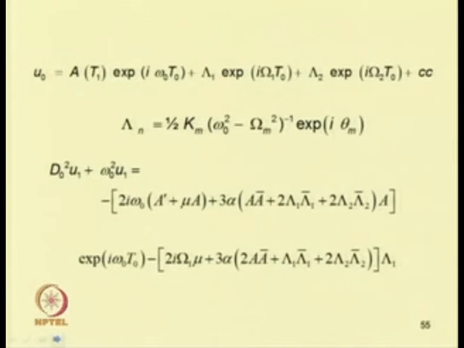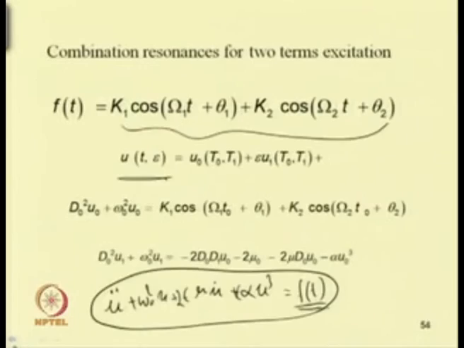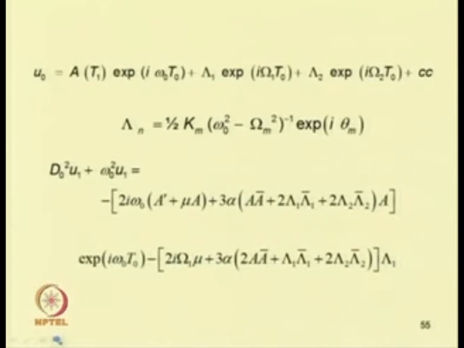Similar to the previous case, here u 0 will contain a complementary part and the particular solution due to this term plus due to this term. One can write the particular solution with omega 1 for forcing k 1 and this for forcing k 2, in addition to the complementary part solution, that is A e to the power i omega 0 T 0.